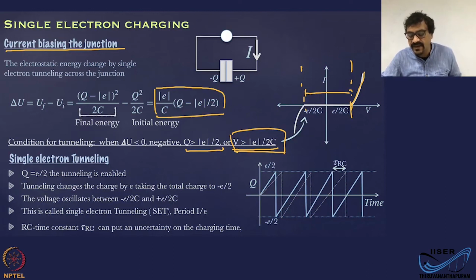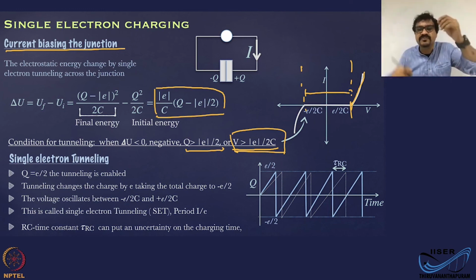And in this regime, immediately after the tunneling is enabled, the tunneling happens by tunneling of electrons one by one. One electron tunnels, the charge is going to flip from E by 2 to minus E by 2, then again charging, the next electron will tunnel, again Q will flip to minus E by 2. This is going to go on.